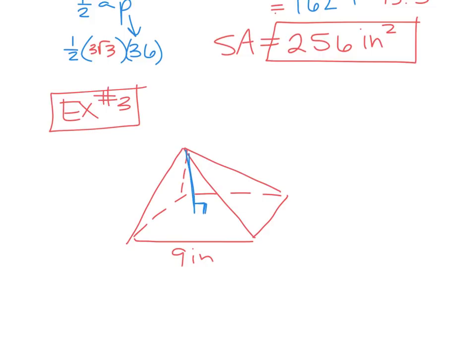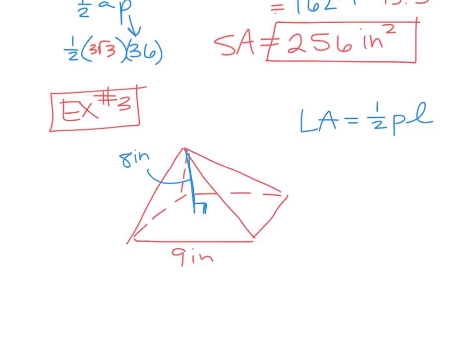You have to pretend that height went down the center. I didn't draw a very good square for you. Sorry. This is 8 inches. And that's all they're going to give you right now. Okay? So if we're going to find the lateral area, it's going to be 1/2 PL.